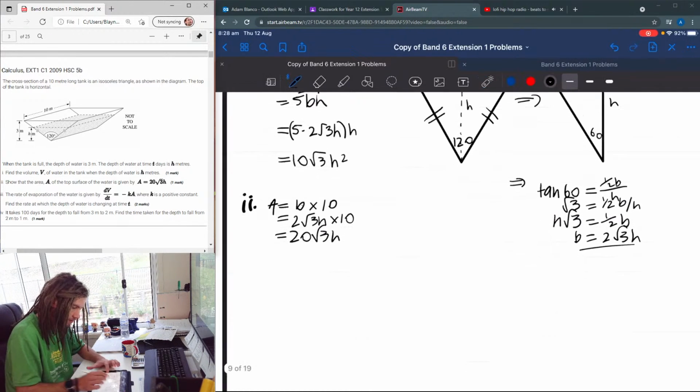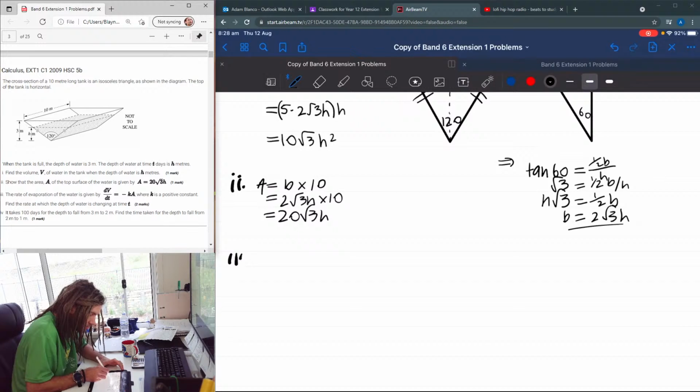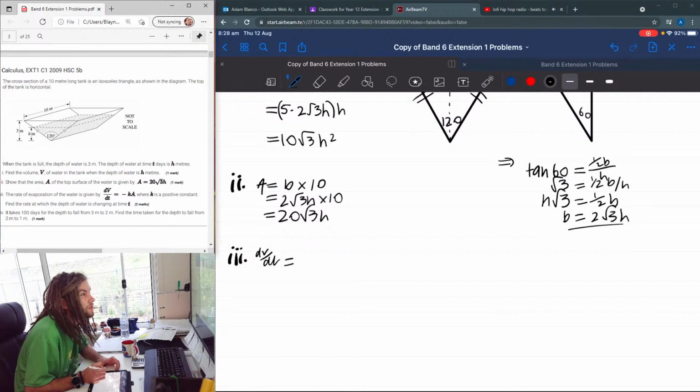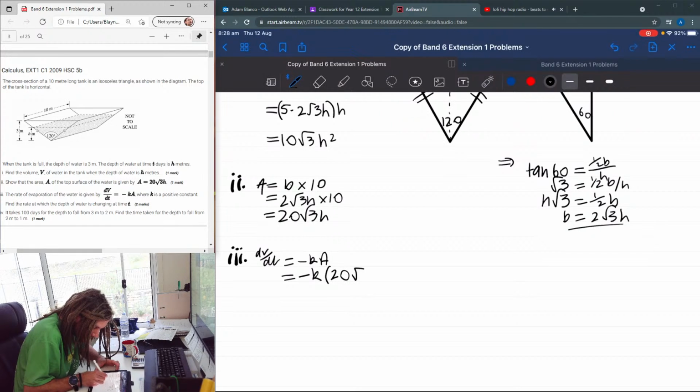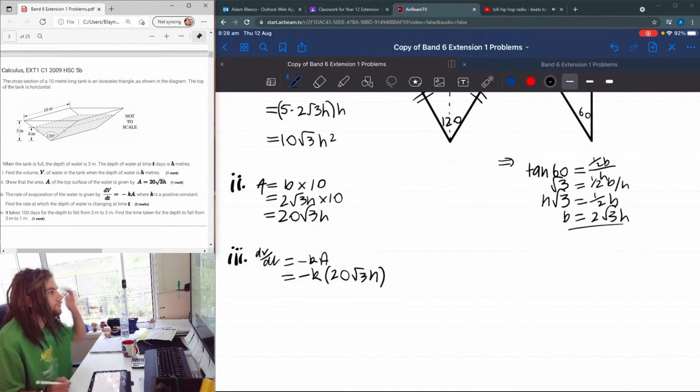So let's just do that. What have I got? dV on dt equals minus Ka. Okay, but I know what A is. That's the 20 root 3 H.